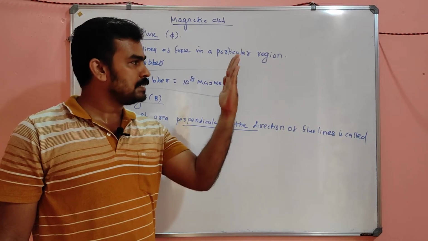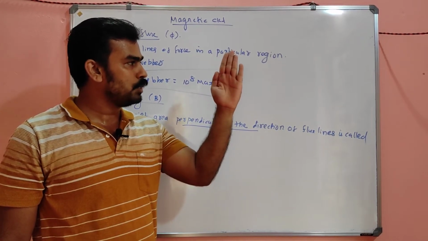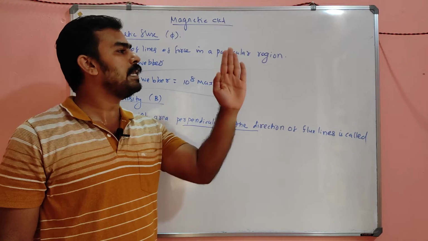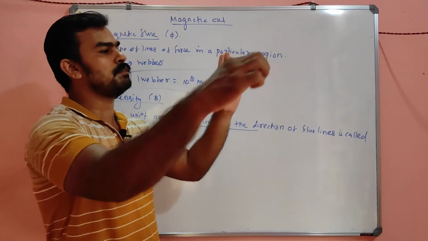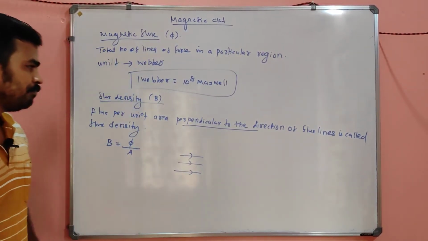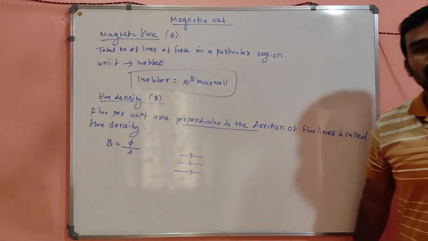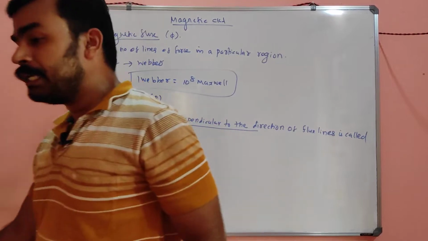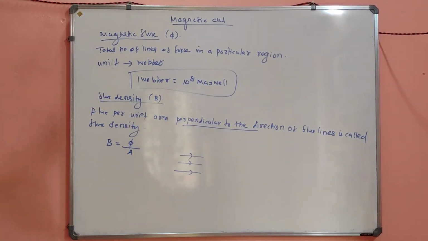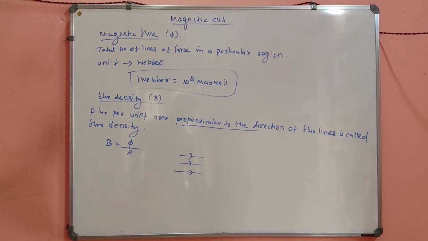So flux density is flux per unit area, and that area should always be perpendicular to the direction of the magnetic field. Very, very important. Always perpendicular to the direction of the magnetic flux, or magnetic lines of force.